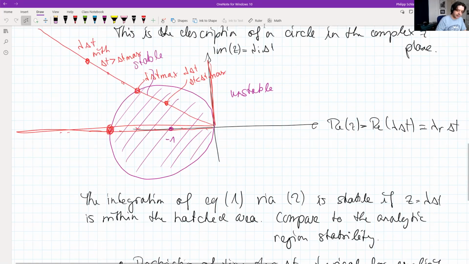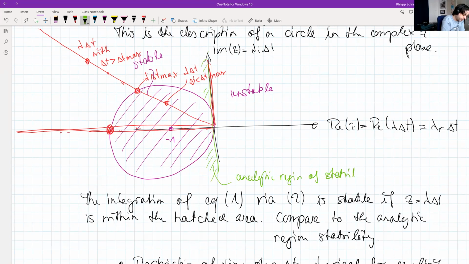Another interesting comparison is if you compare this now with the analytical region of stability that we have calculated yesterday. And there it turned out that everything here on the left side was actually stable. So this was the analytical region of stability. Well, what that means is that not all analytically stable lambdas can actually be integrated with the explicit Euler.